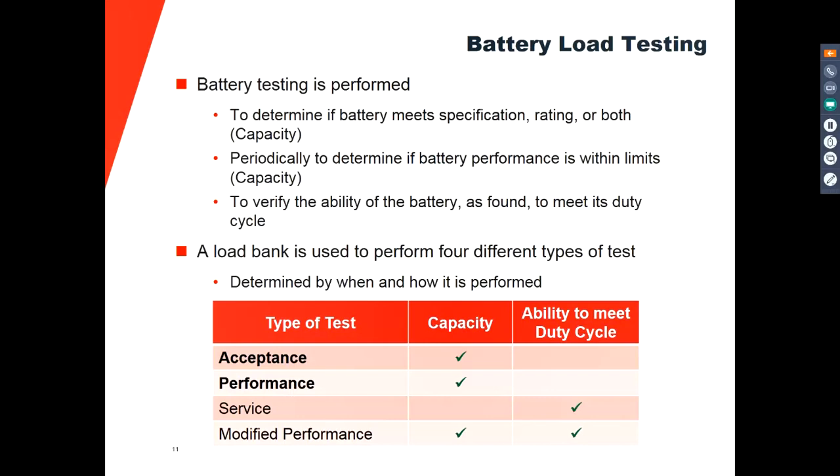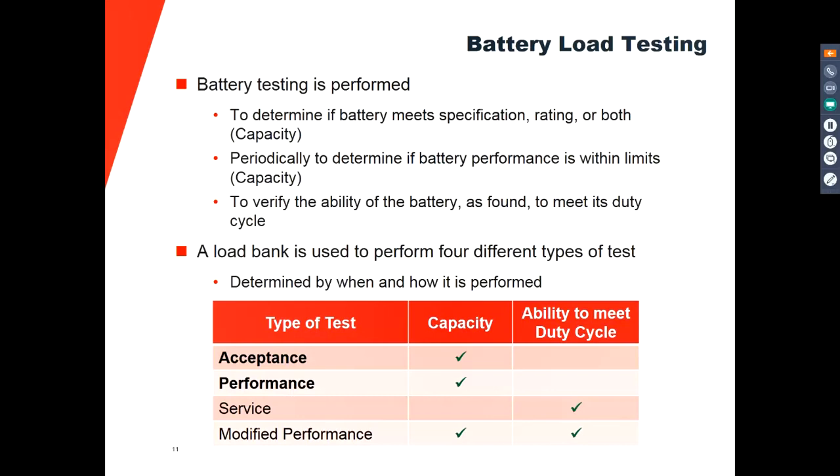Basically, you are measuring the capacity of the battery, and this is usually when the battery is new, when you are accepting the battery, when you are installing it for the first time. From that point on, you can do the test periodically to determine if the battery is performing within the limits, if it is capable of supporting the load, or to determine if the capacity is deteriorating or not.